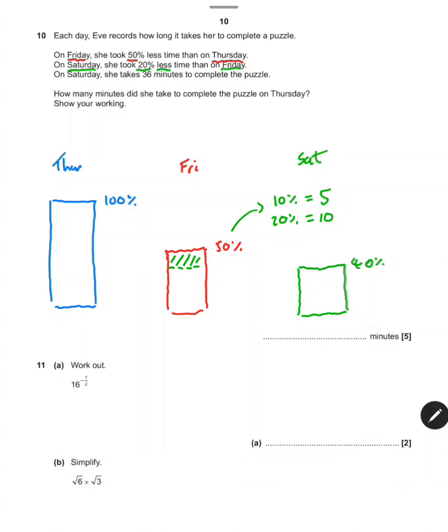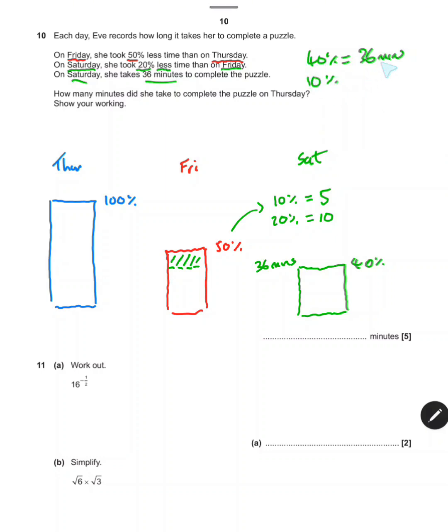And this here is Saturday. And what we know is that on Saturday, she takes 36 minutes. So on Saturday, we've got 36 mins. If I just rewrite that up here, we know that 40% is 36 minutes. We can now scale this down to 10%.